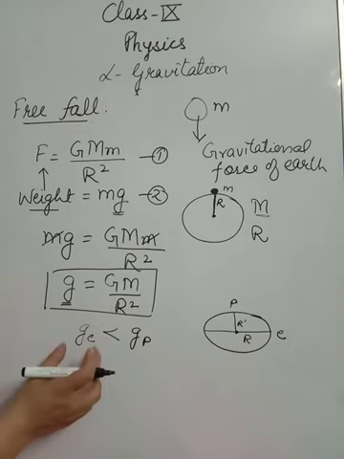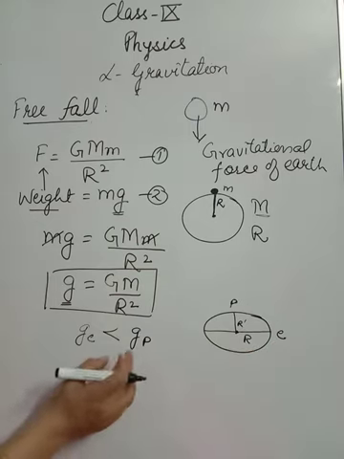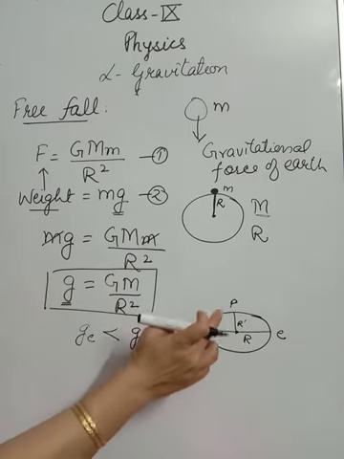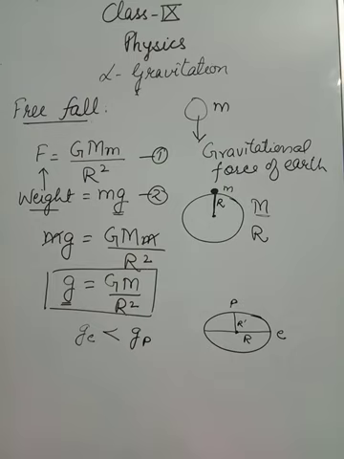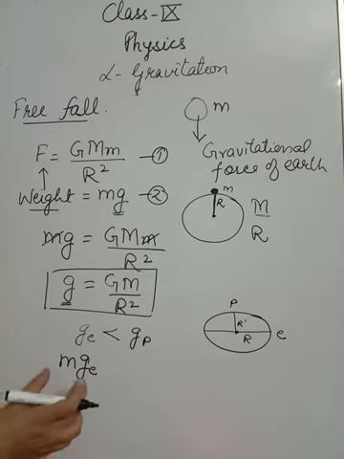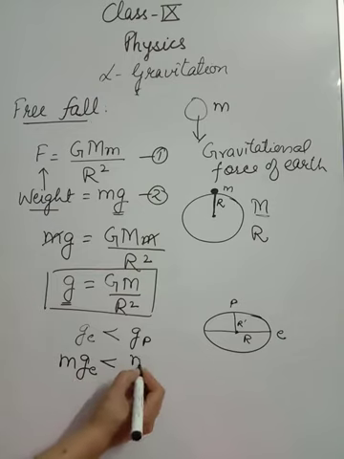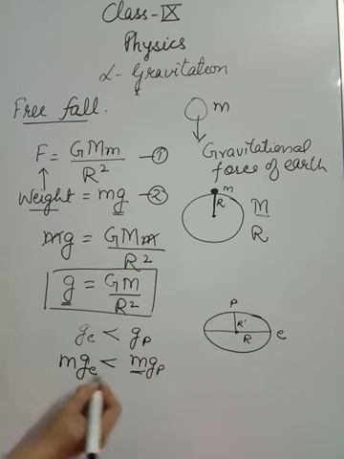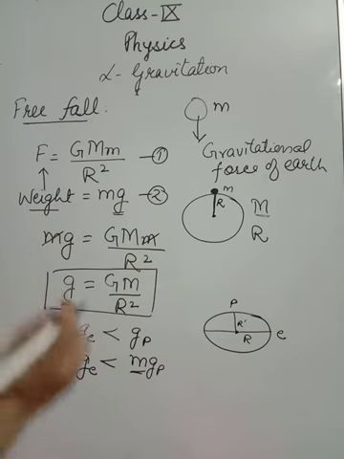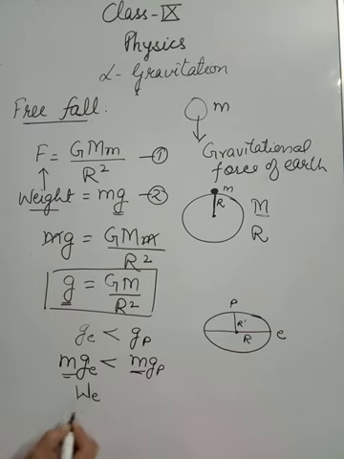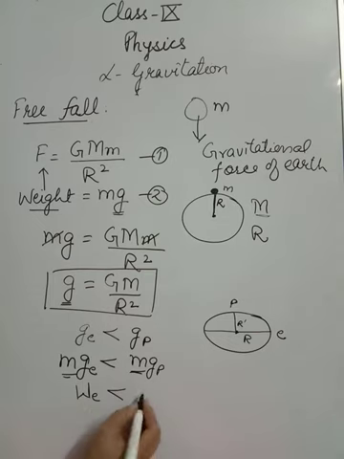The value of acceleration due to gravity at equator will be less than at the poles. If I multiply it with the mass of any object on both sides, mg at equator is less than mg at pole. We have already discussed what mg is. Mg is weight. So the weight of an object at equator is less than the weight of the object at poles.